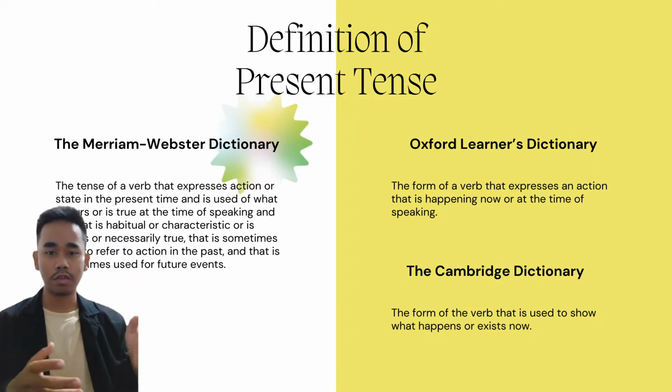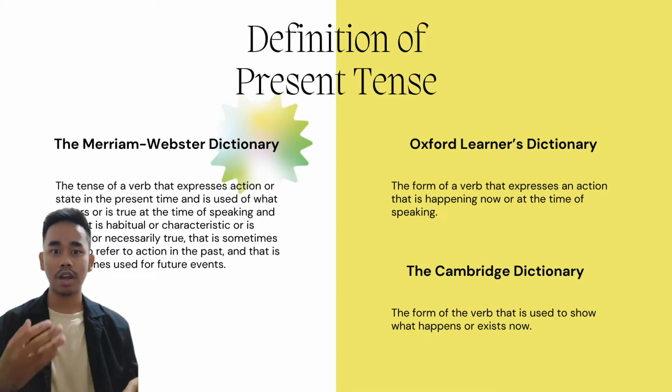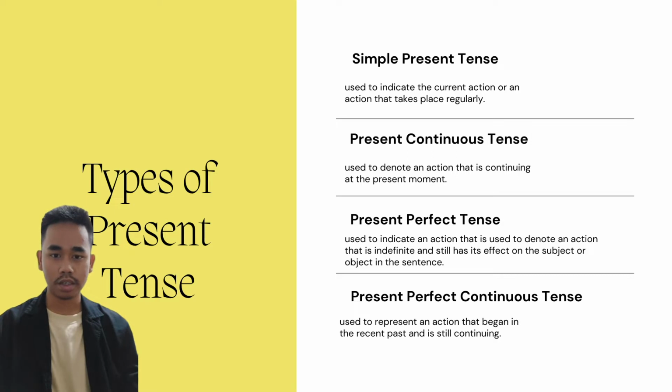Any activity you are doing right now or a few minutes ago, they are using the present tense. I guess you think this is almost the same as the past tense or the future tense, but it's very different.